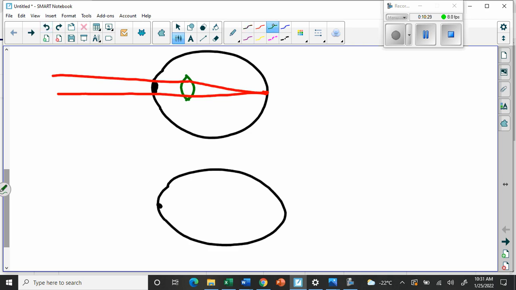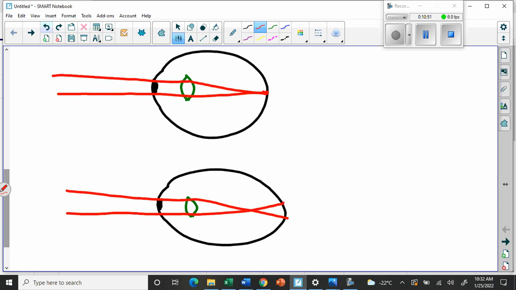So what happens is, when they have this lens in their eye, the light goes through the pupil and it bends, but it bends like this, and then it comes through here and it bends sort of up like that.